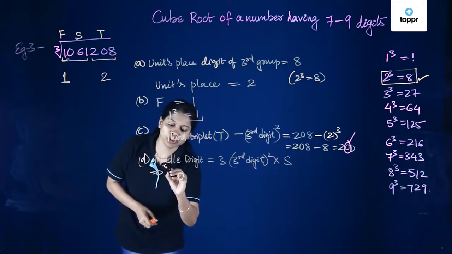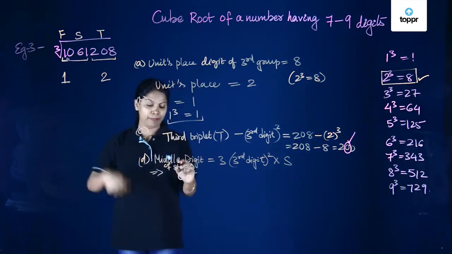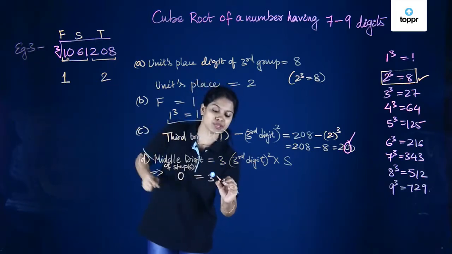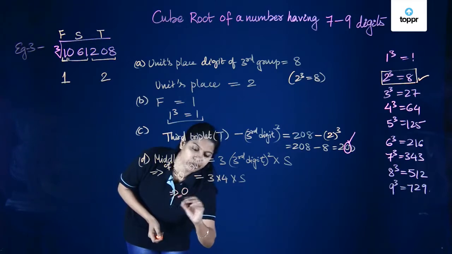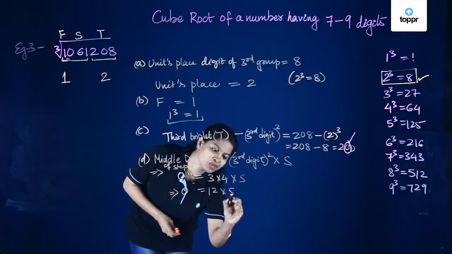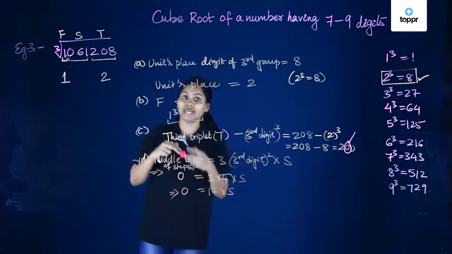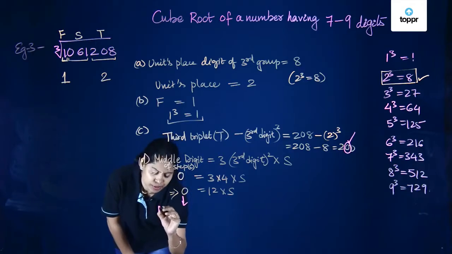So this is the middle digit of step C and not the middle digit of the number. So 0 equals 3 multiplied by the third digit square, which is 4, multiplied by s. So we have 0 equal to 12 into s. Now this here is not the number 0, but a number that has 0 in the units place.